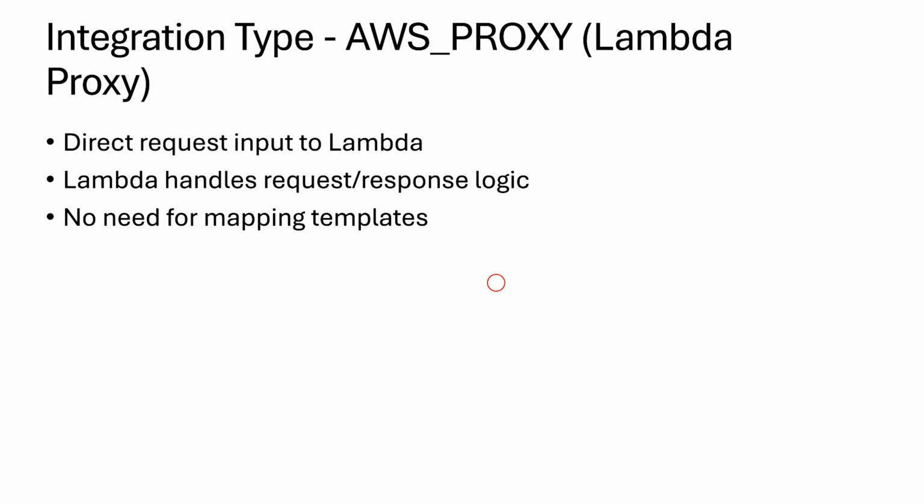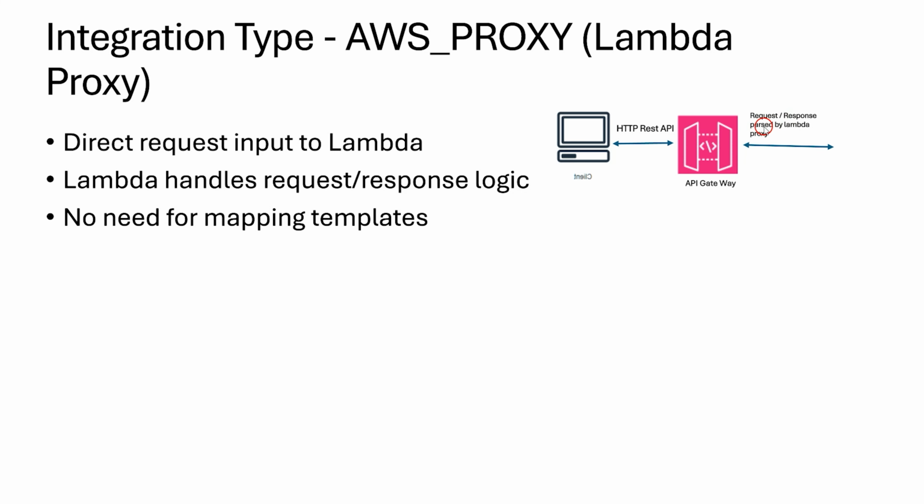But in the Lambda, you have to handle these logics. Okay. So for example, you have a client like this and he's having a REST API with AWS API Gateway. And if you enable AWS proxy integration, the request or responses are sent directly to the Lambda. And Lambda is responsible for doing request and response parsing.